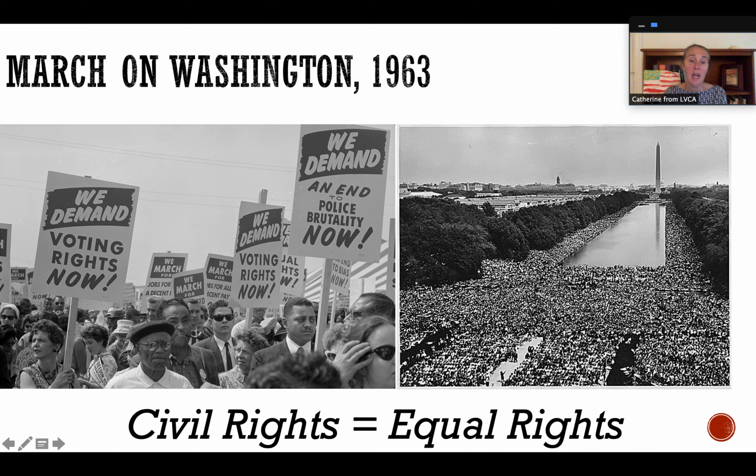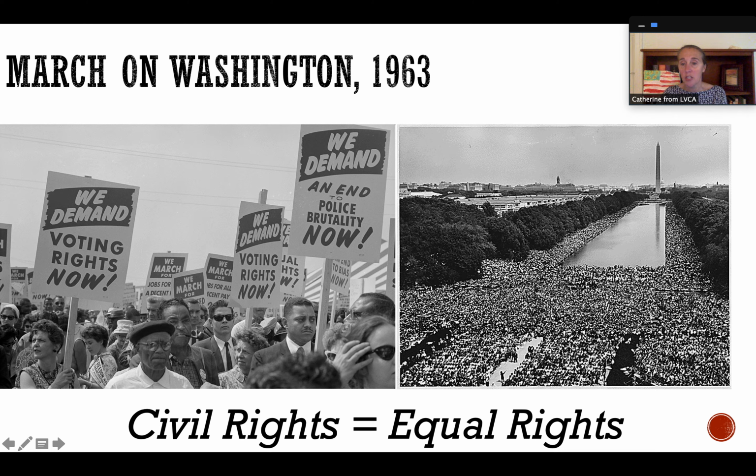Police brutality against African American citizens has been a problem in our country for many decades. Back in 1963, part of the civil rights movement was trying to end police brutality.